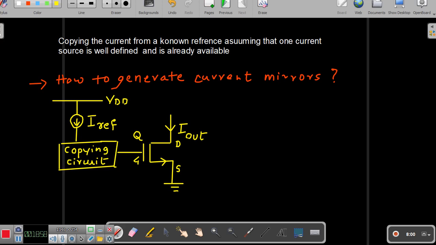Now we will try to see what exactly this copying circuit consists of and how we will be able to make this I out independent of the supply, process and temperature which is involved in the manufacturing of this MOS device as well as its operation.